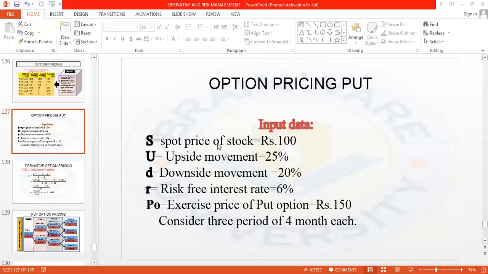That means immediately after buying, you can exercise your right by selling the underlying asset against the derivative at 150 and buying the share from the stock market at rupees 100. So it appears that if you buy the put option, you can immediately make a profit of 150 minus 100.